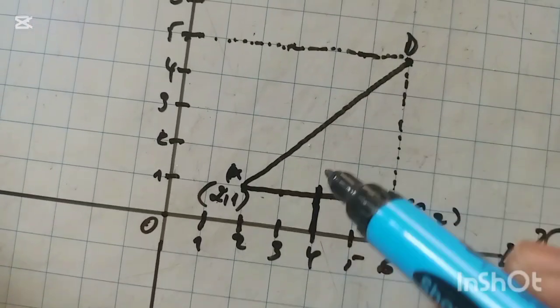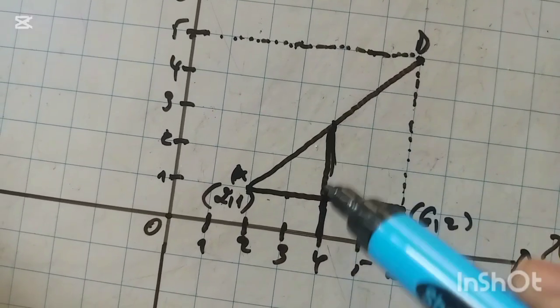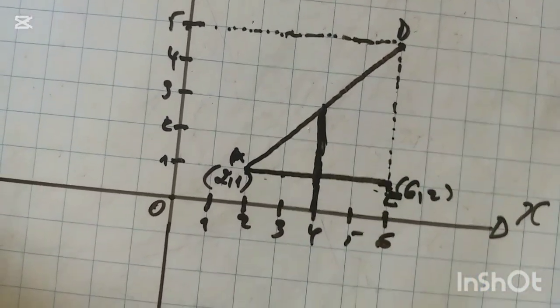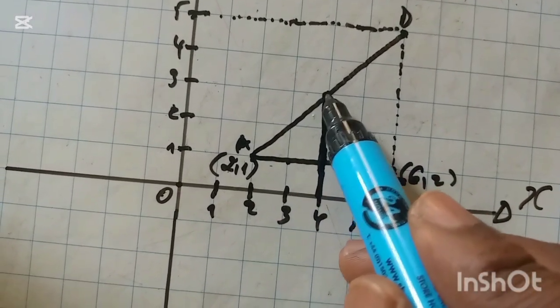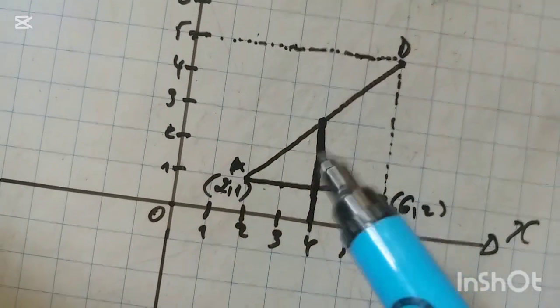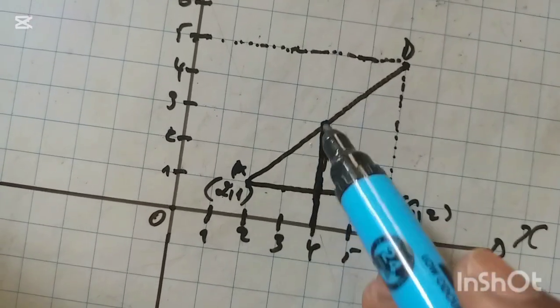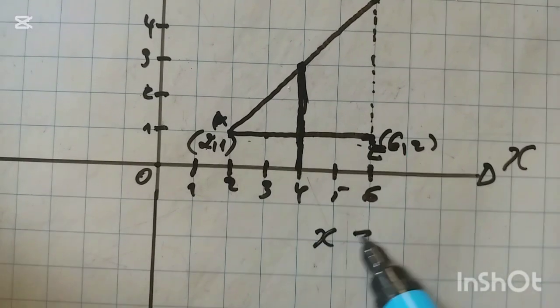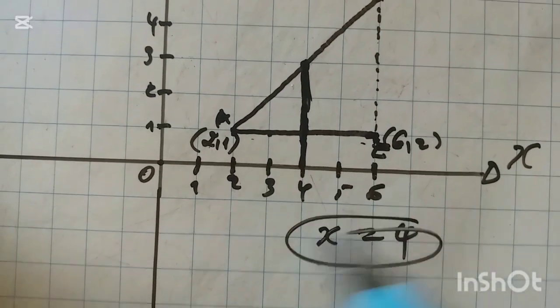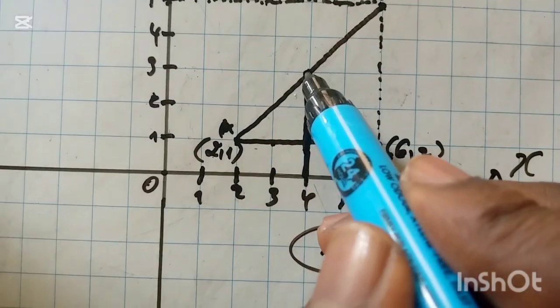By elongating this line, you can come here on my graph. So it's taken to my line. Now this is the midpoint I have on the x coordinate. X will be 4.